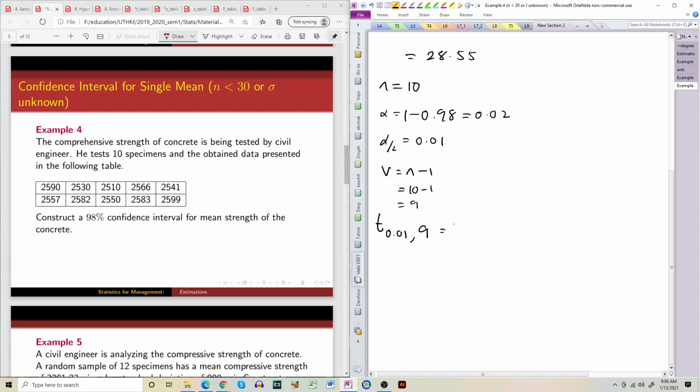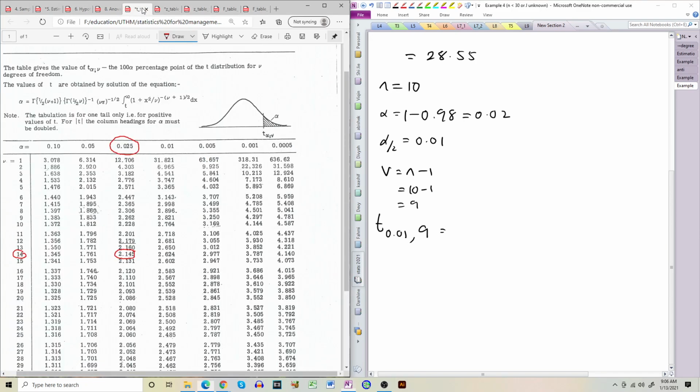So it's actually t 0.01 and 9. If you go here, this is the answer.